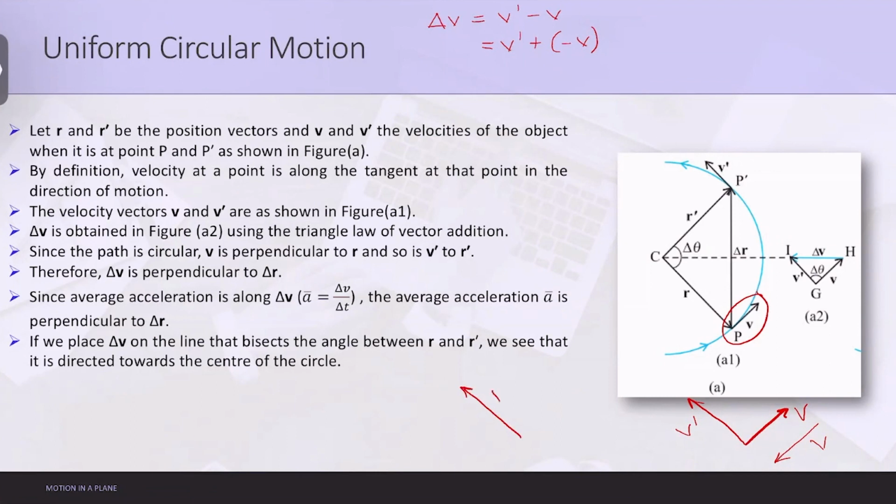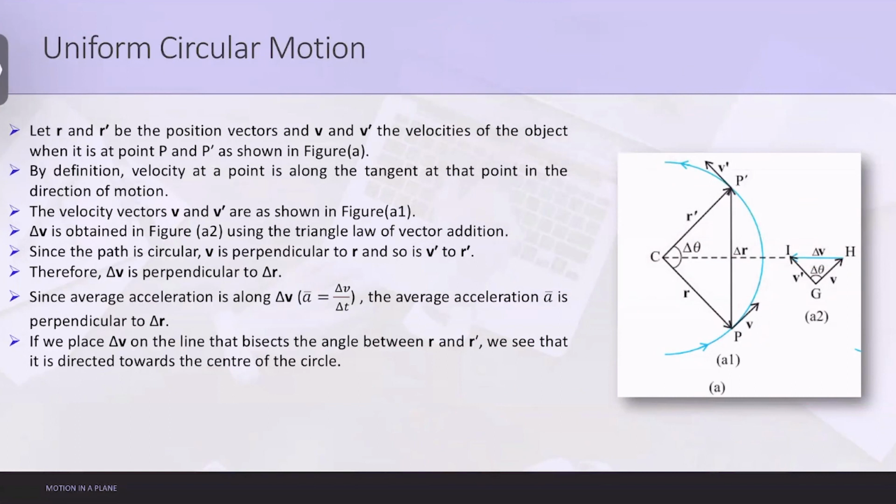This is your V dash and this is your V. What will be the complete resultant? The resultant will be this R, which is nothing but equal to V dash minus V. And that is how we obtain the direction of delta V to be in this scenario. Okay, so I hope you understood how we obtain delta V to be in this direction.